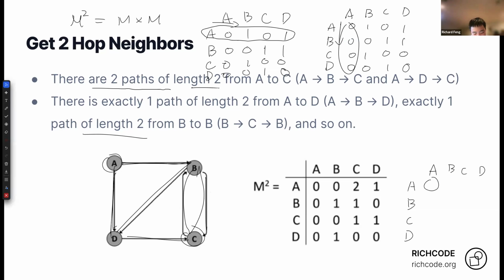So basically 0 times 0 is 0. 1 times 0 is 0. 0 times 0 is 0. 1 times 0 is 0. So they're all 0. So we add up all the zeros. It's going to be 0. So this is just 0. And next, we're going to go to the second column.